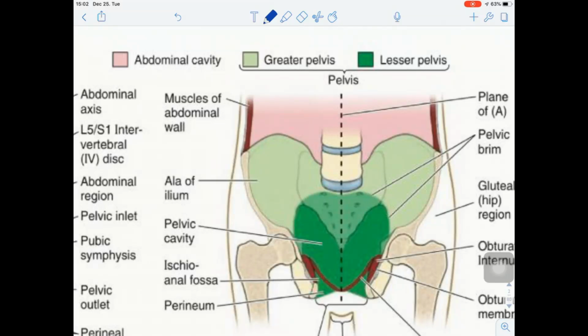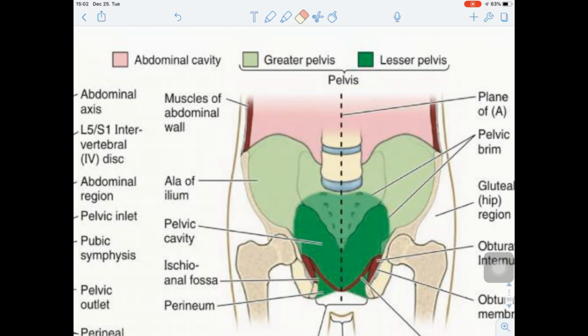So here you would have, for example, the cecum and appendix and then the ascending colon, right? Then on this side, you're going to have the descending colon and sigmoid colon, something like that, until you reach the rectum down here. All right? So the greater pelvis contains the lower parts of the abdominal organs.